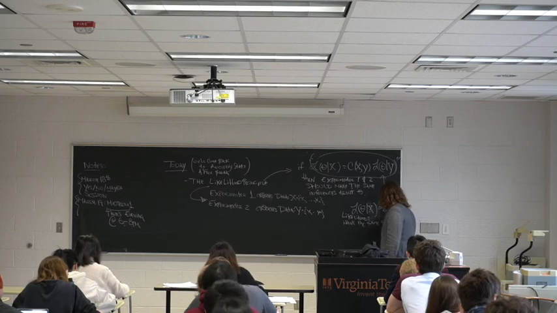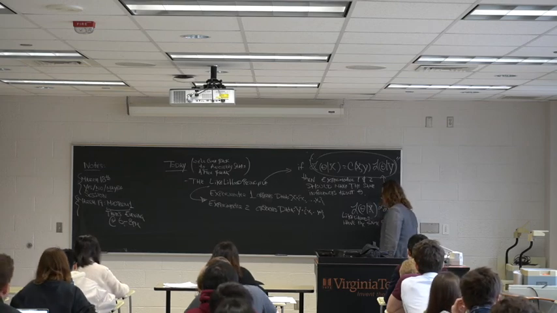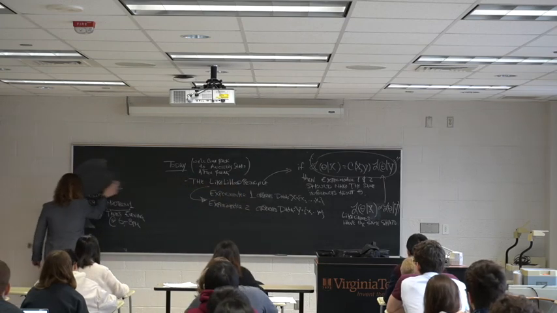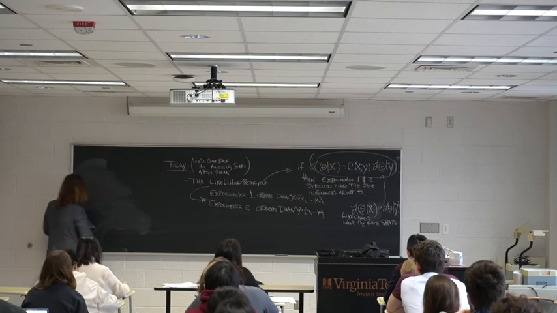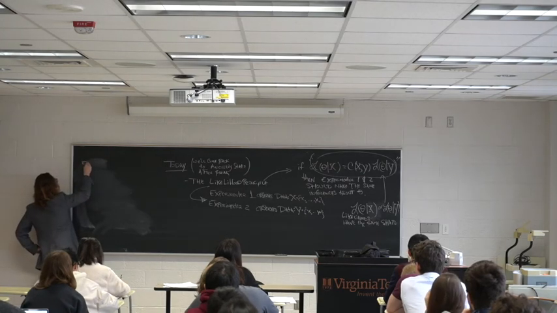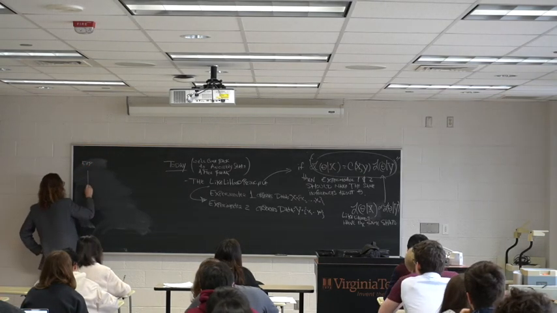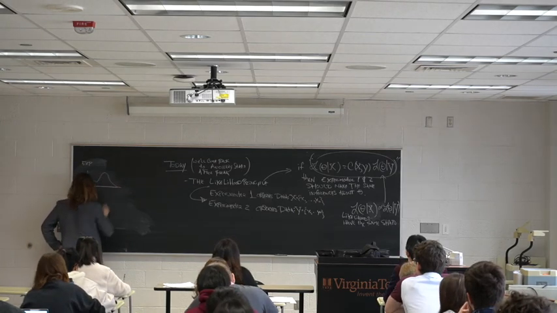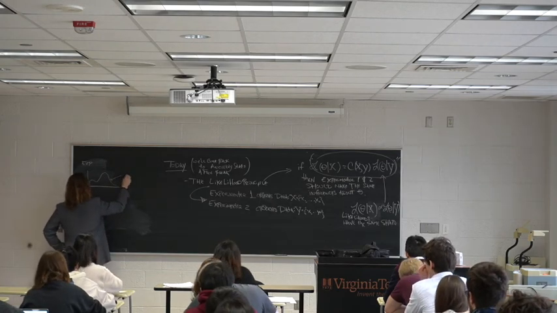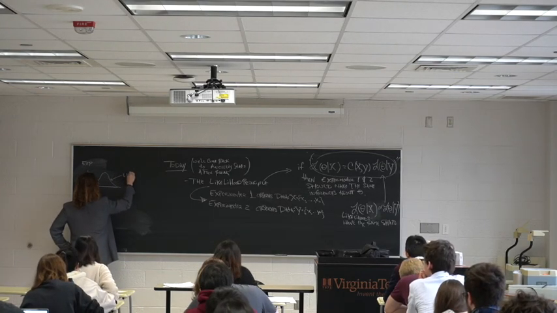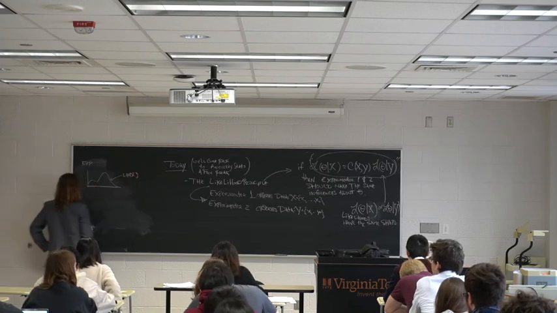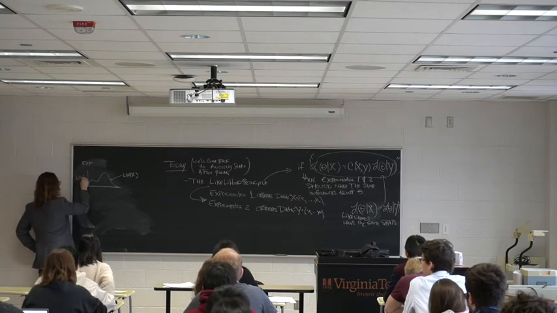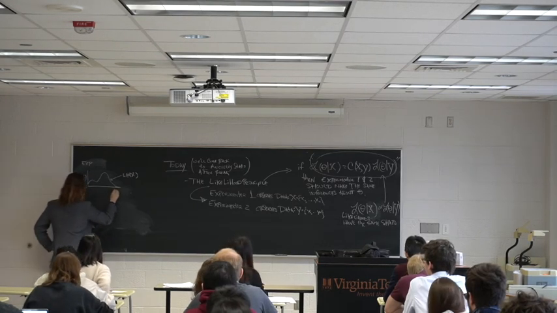Draw your picture. Experimenter 1 is doing their experiment, and they compute this likelihood function. Like this. These are my likelihood functions. And this is a function of theta.